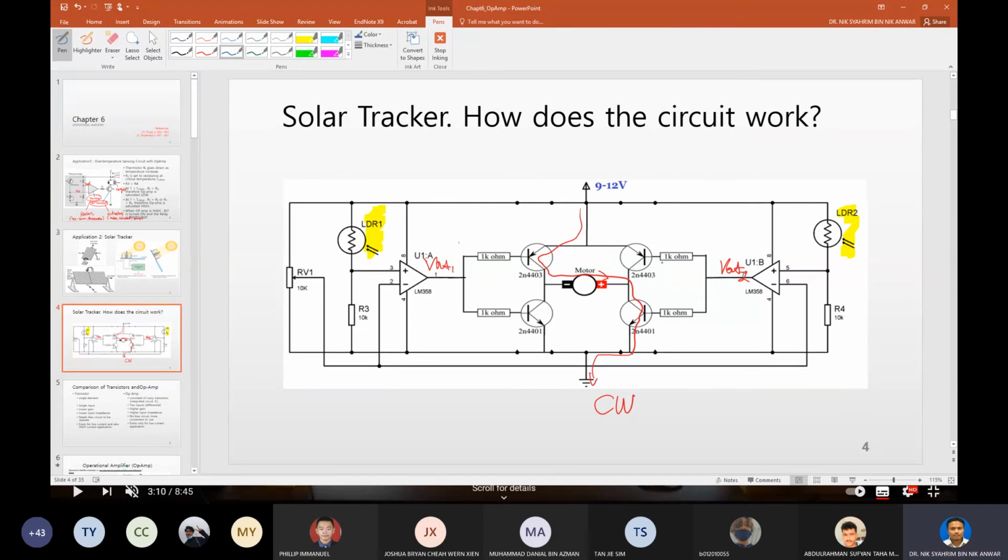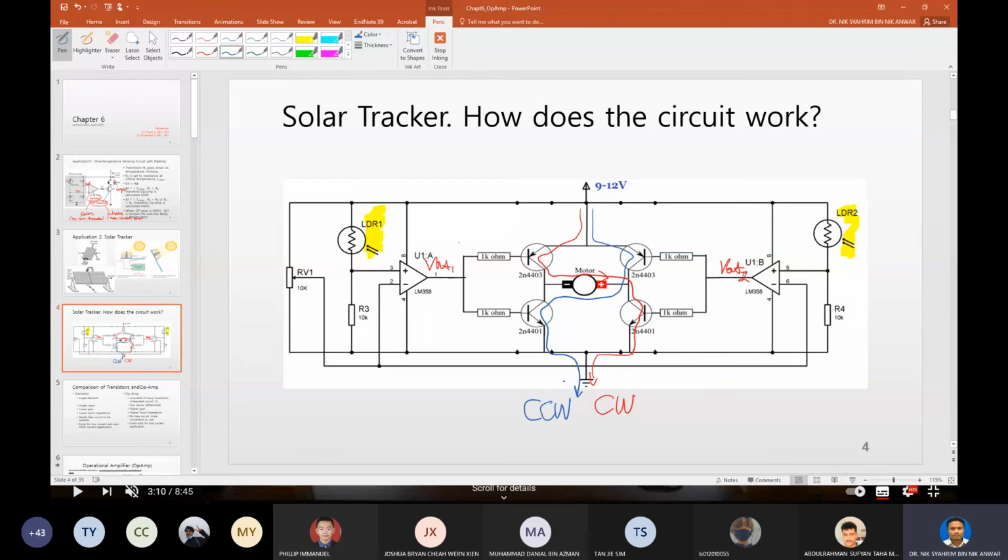But if your current flows to the right side of the BJT and then from right to left into the motor and then through this one to the ground, your motor might rotate counterclockwise.